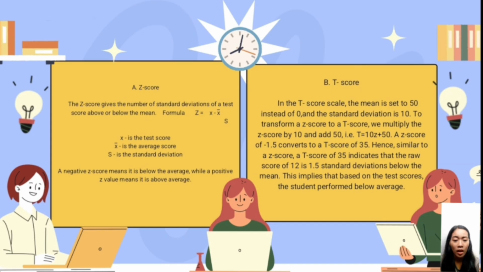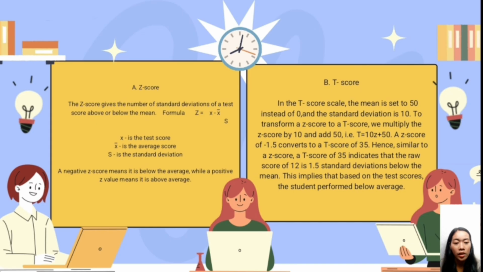More so, it may adversely affect students' motivation. So to fix this, we can translate it to percentile rank using the normal table or convert the Z-score to a scale that does not include negative values, like the T-score.